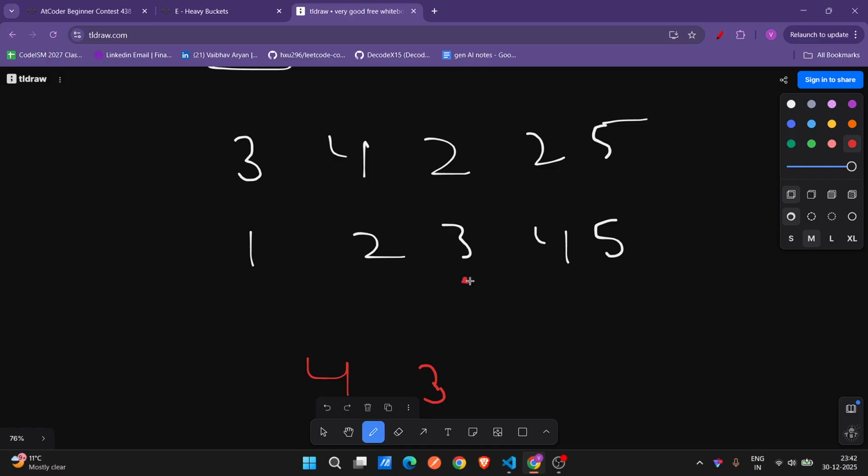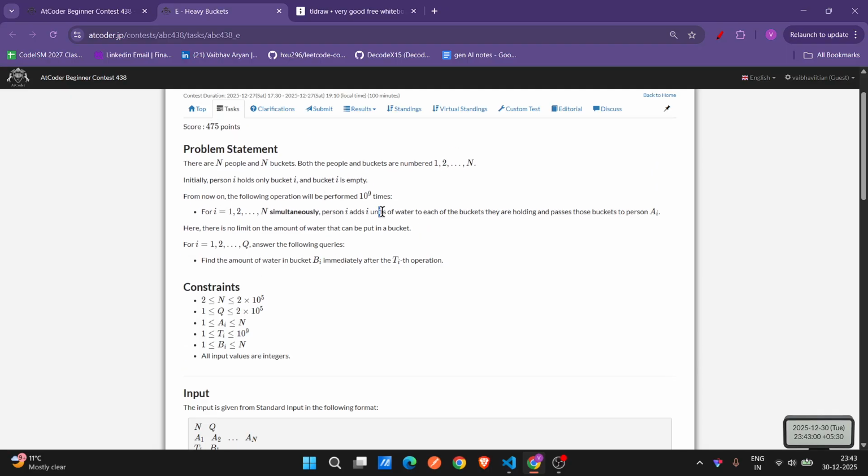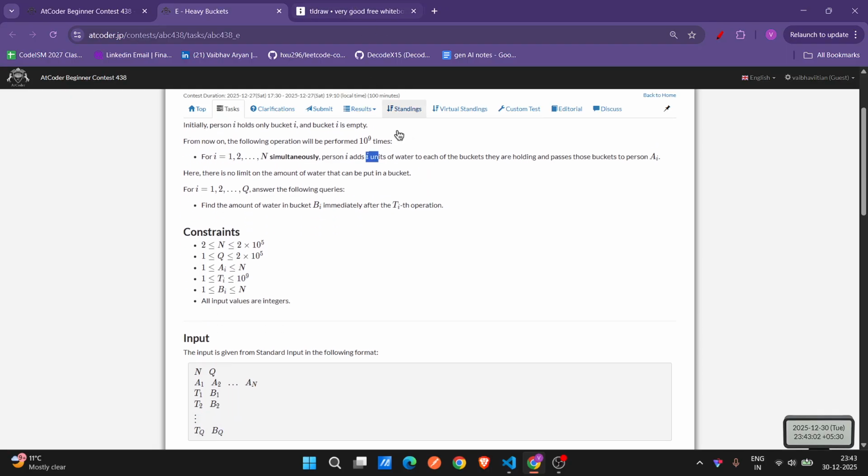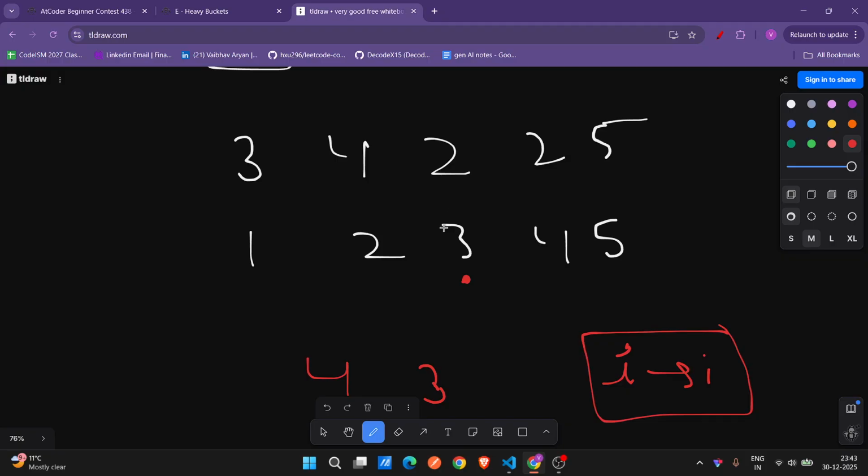Every ith person holds the ith bucket. Initially the third person holds the bucket filled with 3 units of water. So right now the bucket held by the third guy has 3 units of water.